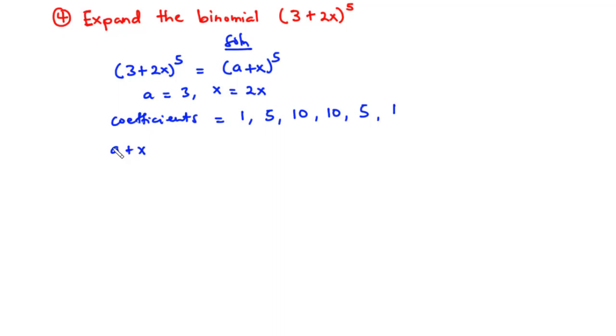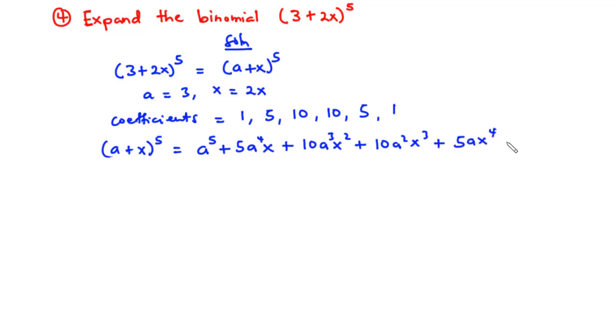So the expansion of a plus x to the power 5 becomes a to the power 5 plus 5a to the power 4 x plus 10a cubed x to the power 2 plus 10a squared x to the power 3 plus 5a x to the power 4 plus x to the power 5. Now let's substitute a and then x into this expansion.